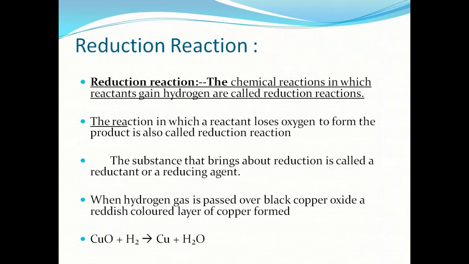The substance that brings about reduction is called a reductant or reducing agent. When hydrogen gas is passed over black copper oxide, a reddish colored layer of copper forms.